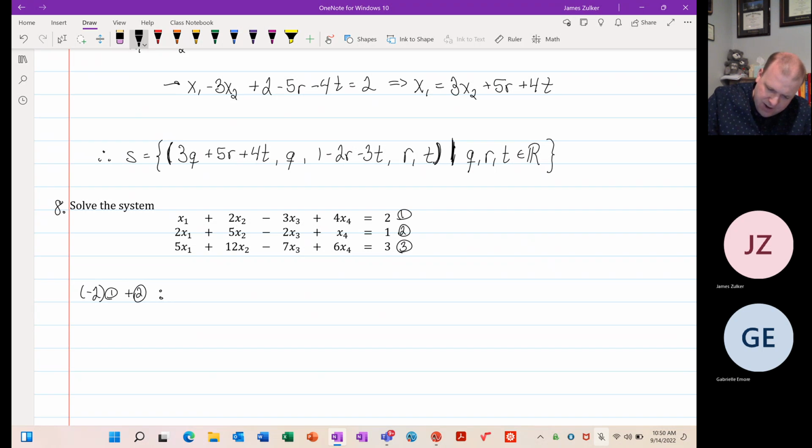Gets rid of that, right? So we get what? Negative 4 plus 5 is just 1, so we get x2. 6 minus 2 is 4. Negative 8 plus 1, negative 7. So negative 4 plus 1 is 3, so that's going to equal 3. Negative 3.